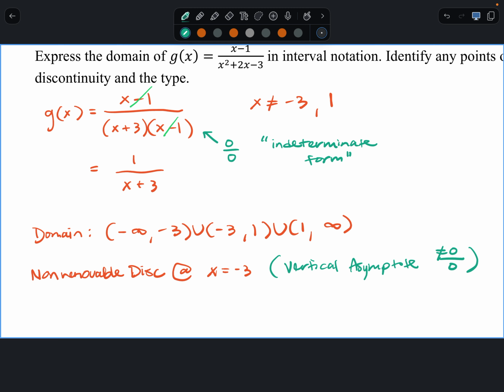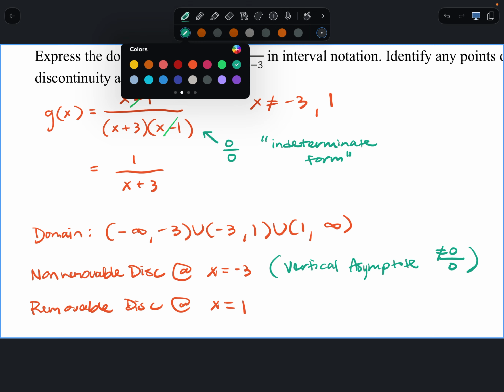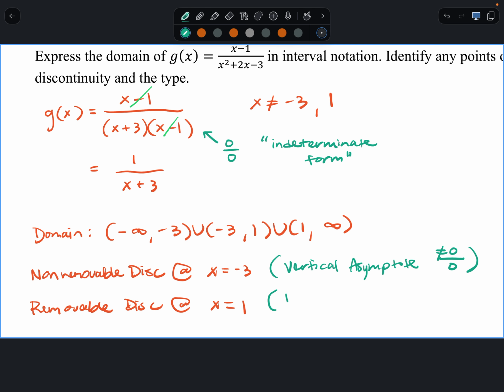So x equals 1 corresponds to, as we saw, a removable discontinuity, which graphically we refer to as a hole. And that's because you run into 0 over 0, the indeterminate form, with direct substitution.